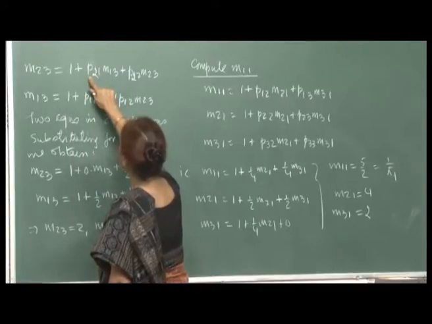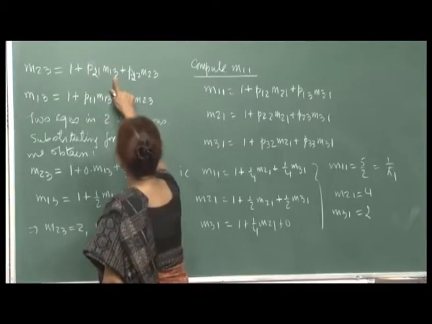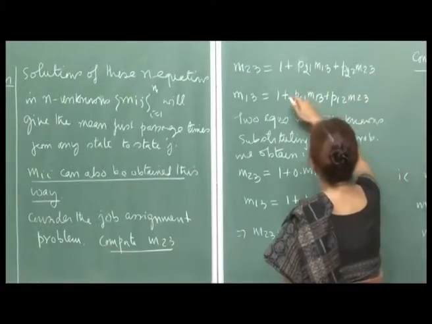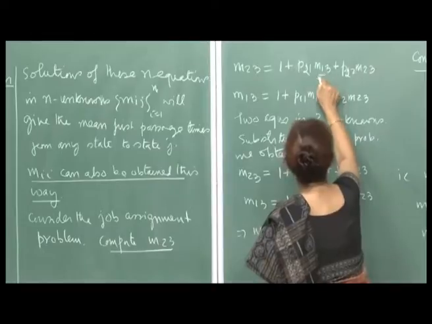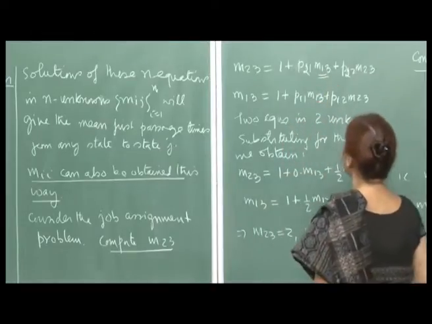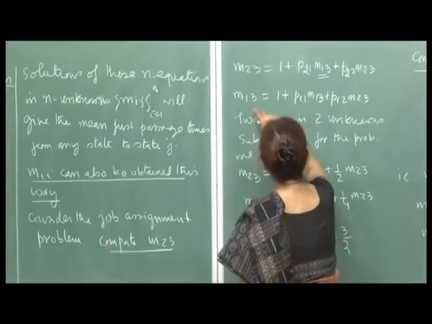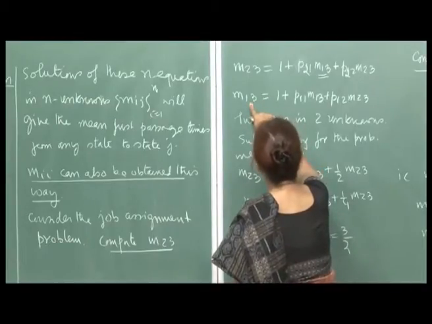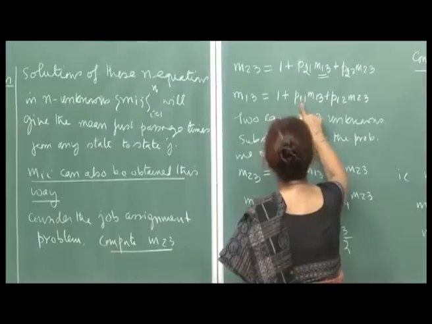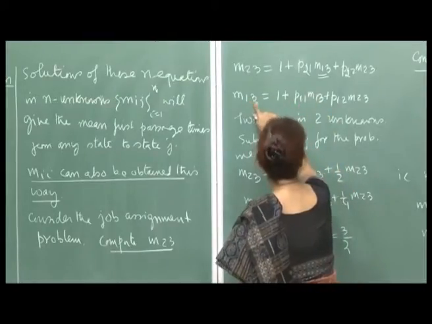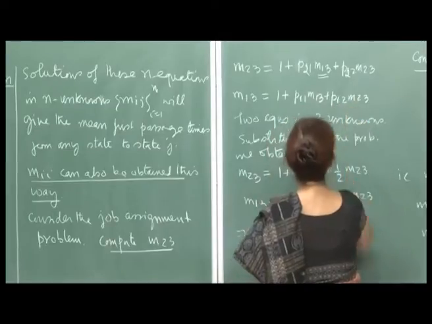So, it will be P21 into M13 plus P22 into M23. Now, in order to compute M23, I need M13, so I will write down the formula for M13. Here again k is not equal to 3, so this will be 1 plus P11 M13 plus P12 into M23.